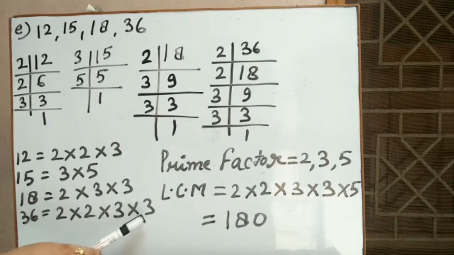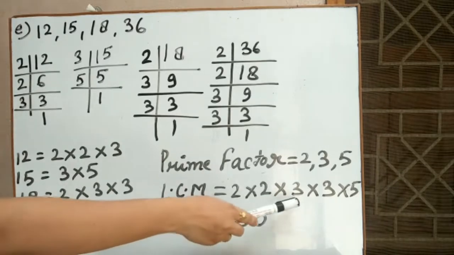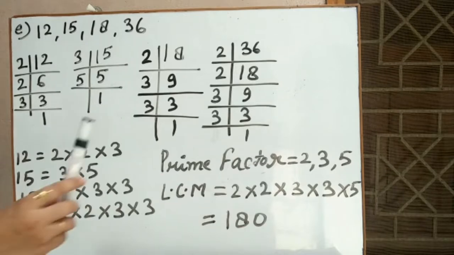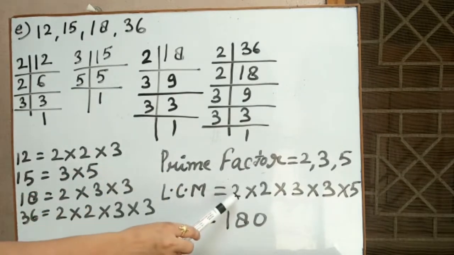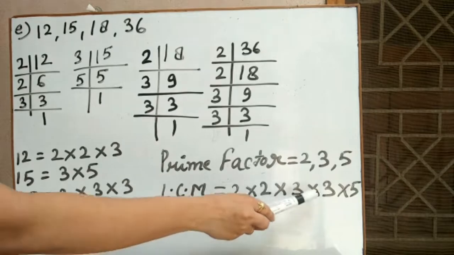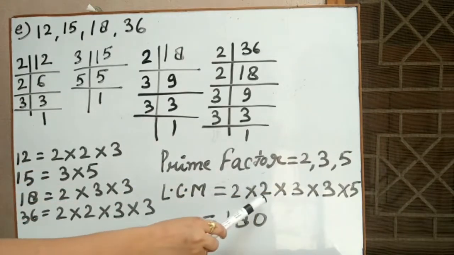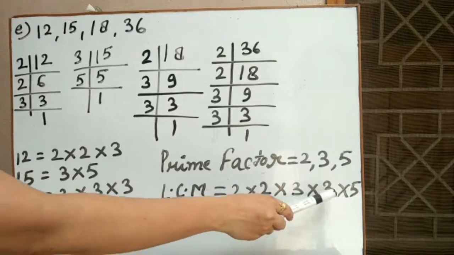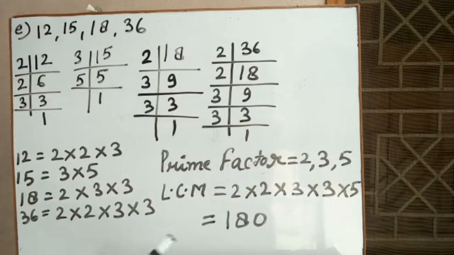Similarly, 3 is occurring 2 times. We will write 3 2 times. And 5 only 1 time. We will write there one 5. LCM is equal to 2 into 2 into 3 into 3 into 5. 2 2s are 4, 4 3s are 12, 12 3s are 36 and 36 5s are 180. So 180 is your answer.